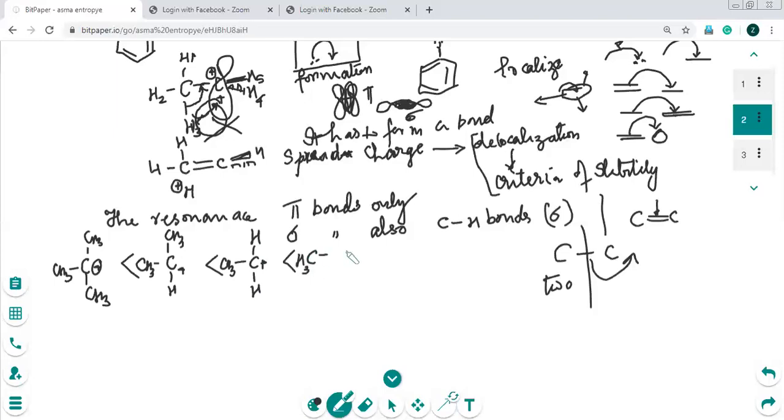What's the meaning of what I have written? This is a tertiary carbocation. This is secondary. And this is primary, and methyl.